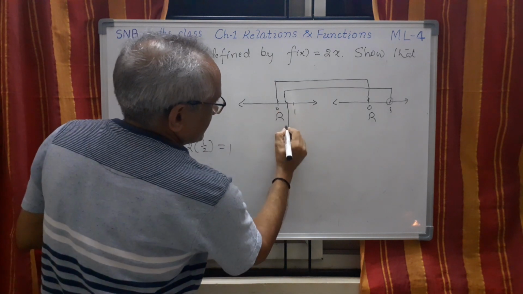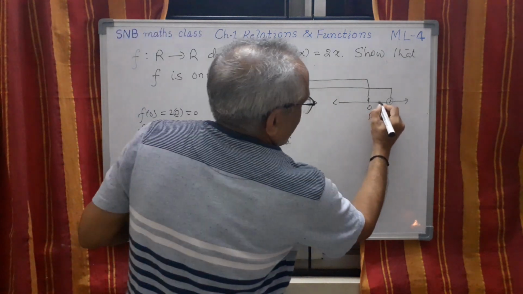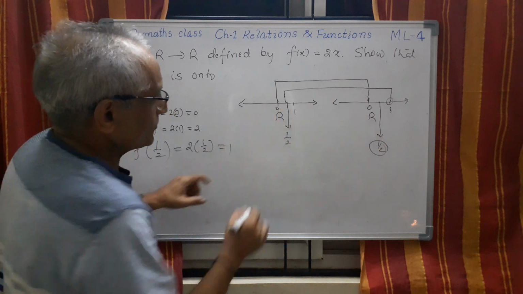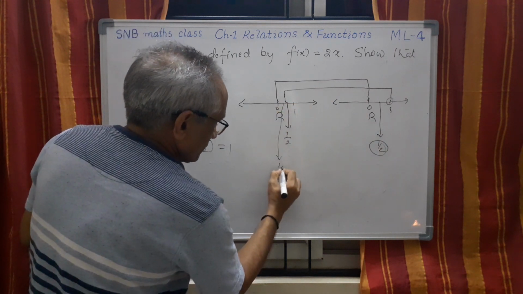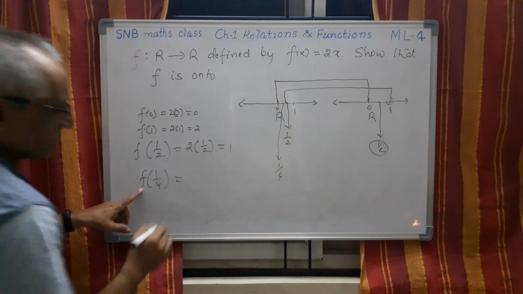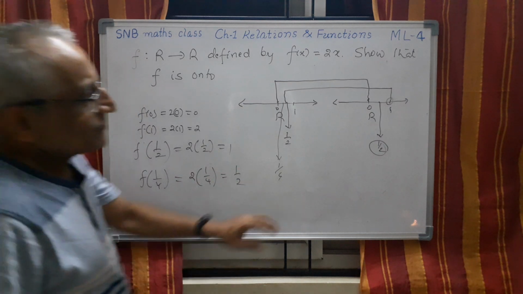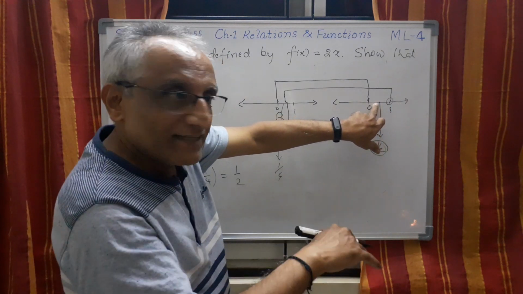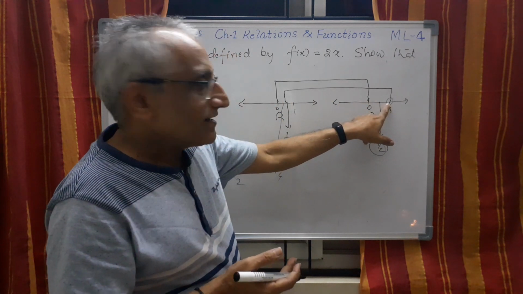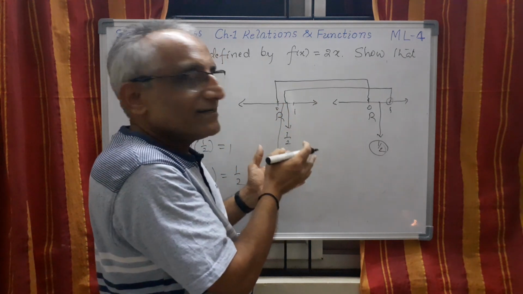Suppose you want half here: this half is also an image, because it comes from half of this, that is 1 by 4. f of 1 by 4 is 2 into 1 by 4, which is 1 by 2. Thus, take any number here, half of that number is here, because the real numbers form a continuous line. Whichever point you take, half of that distance gives a point here. So that clearly shows it is onto.